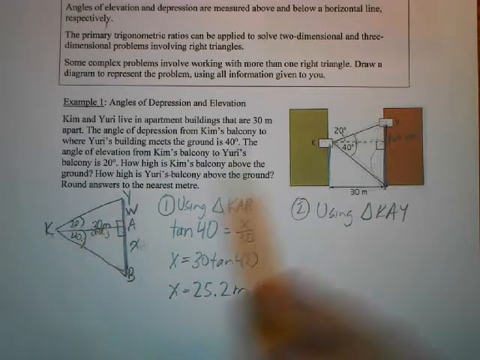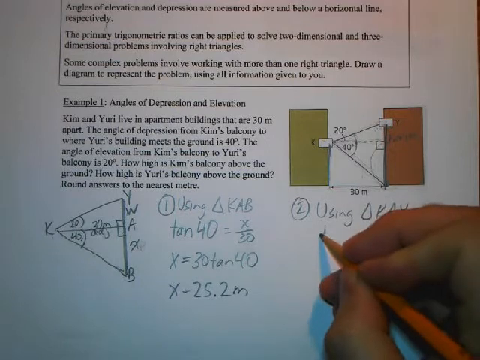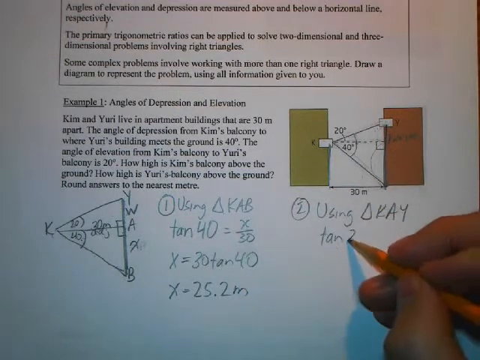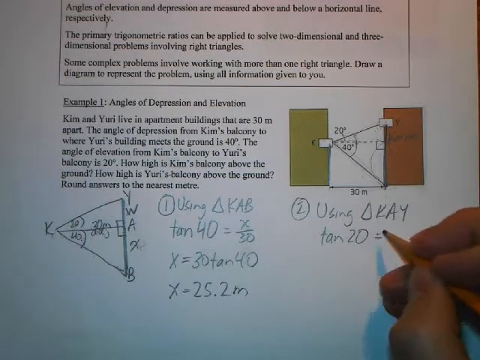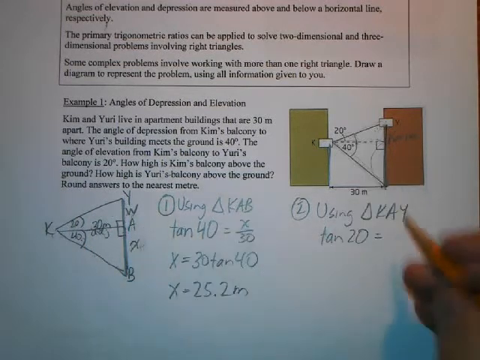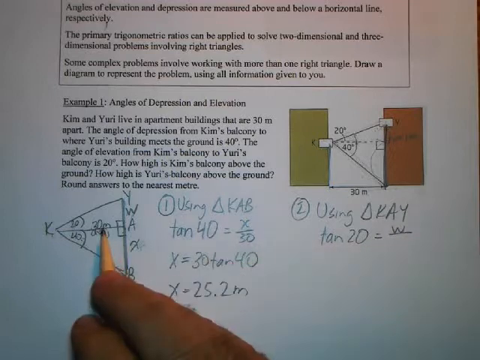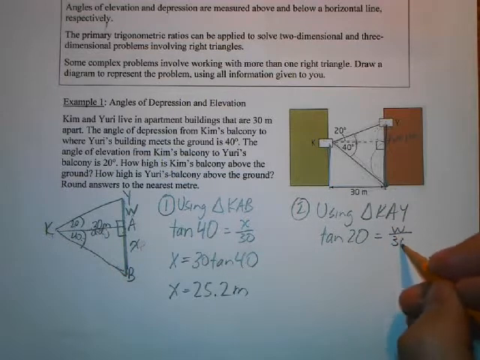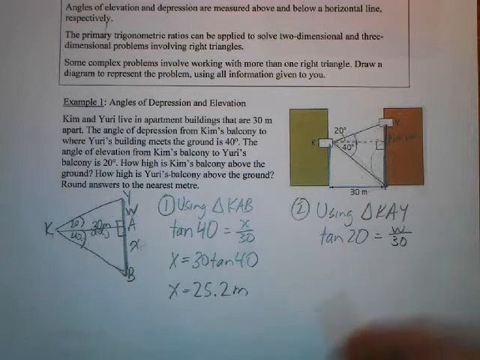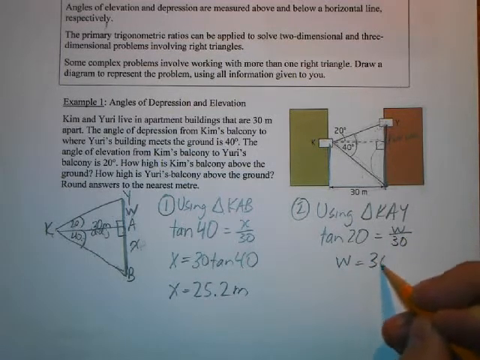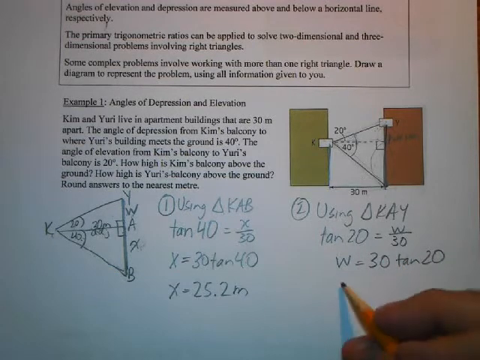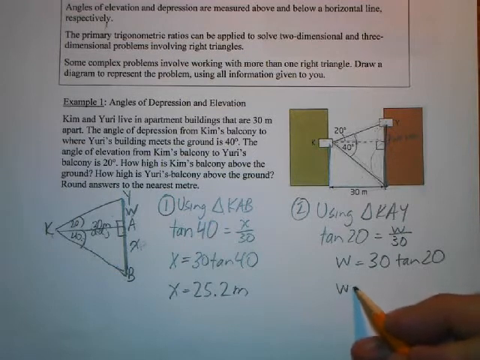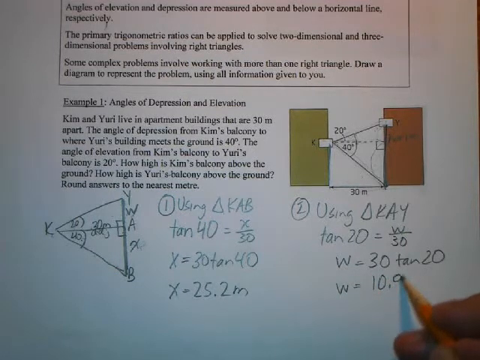So opposite and adjacent, so again I'm going to use tan. But this time it's not tan 40, it's tan 20 because I'm using the upper triangle. So that's opposite, which is W, over adjacent, which is the same side, just shared with both. If I want to get W by itself, multiply both sides by 30. So 30 tan 20. If I do that on the calculator, I get 10.9 meters.